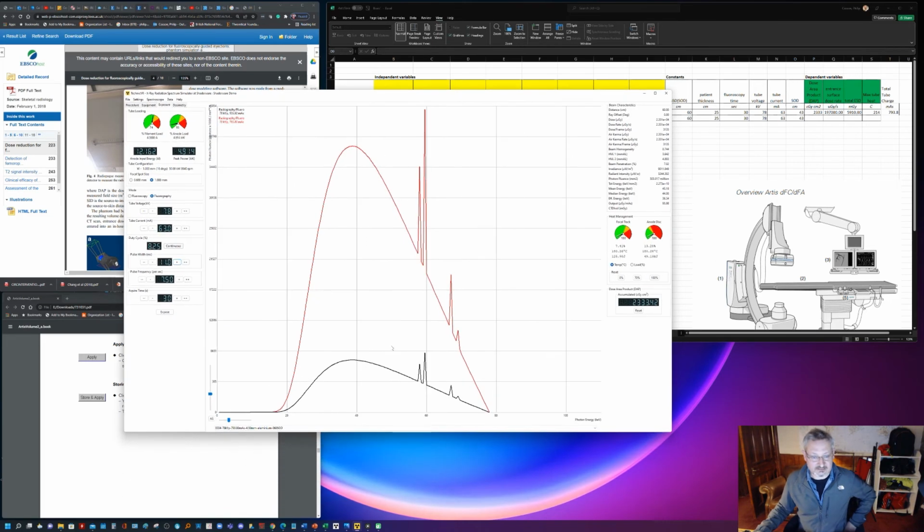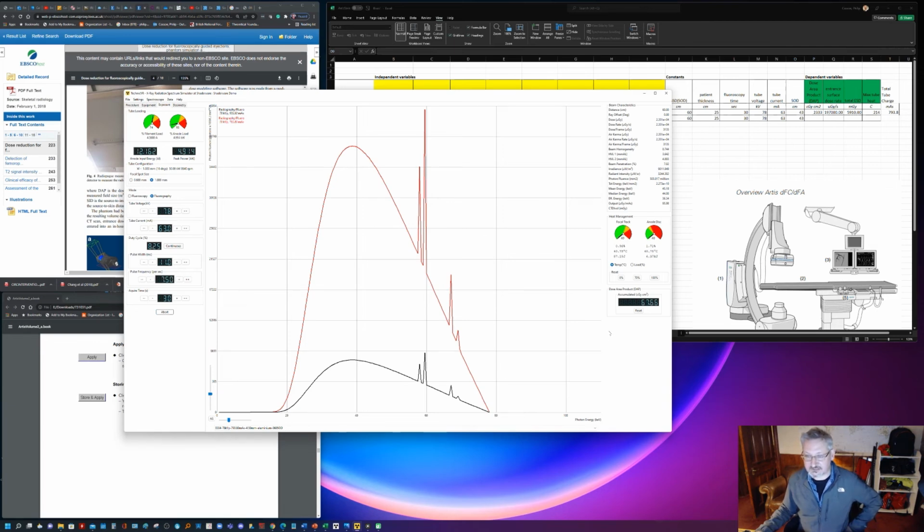Now you can already see that the dose burden, the area under this graph, is already smaller. So let's reset this and reset this and hit the expose button. So it's going to run for 30 seconds. It's struggling to heat the tube beyond room temperature at this point.